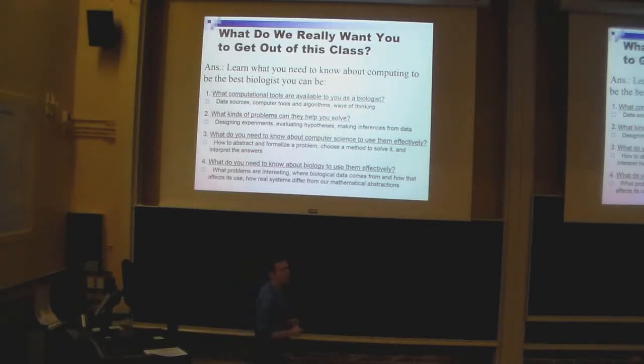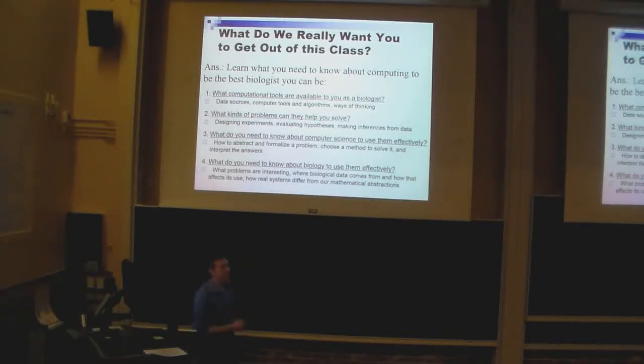In some cases, it's simply a way of thinking. So a lot of what computer science and computational biology is about is really thinking about problems in a certain way. We're often thinking formally, abstractly, and mathematically about a very complicated, messy biological system. And we hope that by the end of this class, you're familiar with that kind of thinking and how it can inform your work with computational tools in biology and make you a better biologist.